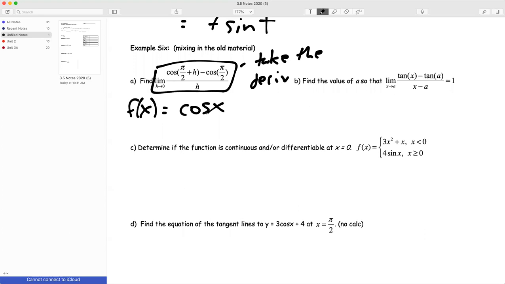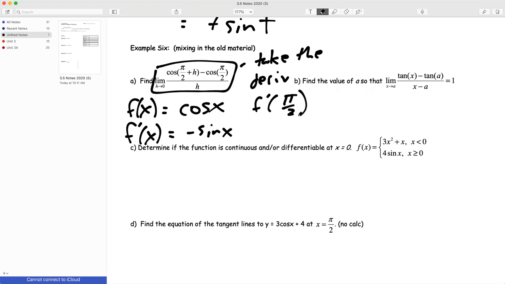I'm so excited about the answer, but I hate to burst your bubble. It was wrong. What's the derivative of cosine of x? Negative sine of x. And we were evaluating that at pi over 2.